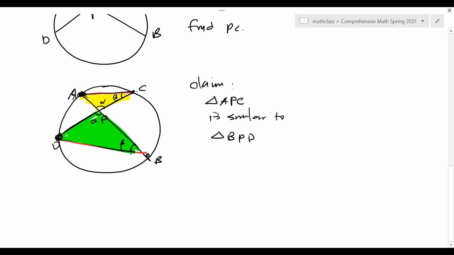Then the sum of the 3 angles is equal to 180 degrees, so you can get that this is a gamma and that's a gamma. So A corresponds to D, and C corresponds to B. So those 2 triangles are similar.